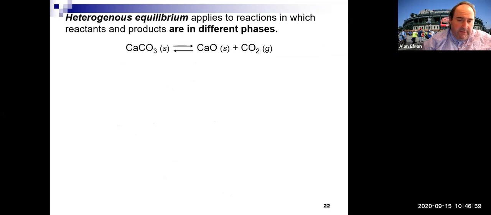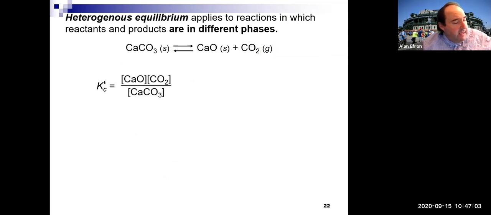So we sort of talked a little bit about this a second ago, but we do have things that are known as heterogeneous equilibrium. Heterogeneous, just like a heterogeneous mixture, means that you do see different phases there. The same thing happens here. For example, we have different phases going on. So here we have solid and gas in terms of the phases of everybody.